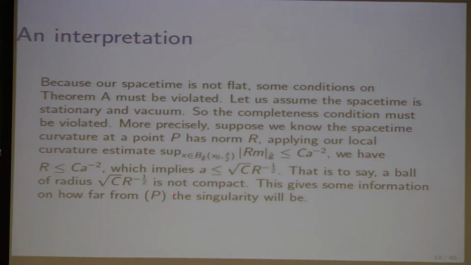Because we know in the Hawking and Penrose singularity theorem, it says there is some singularity in the space-time. The result said there is some singularity, but the proof is an argument by contradiction.